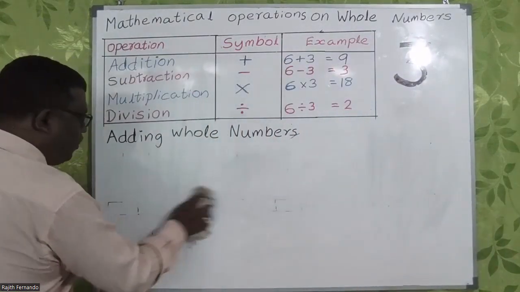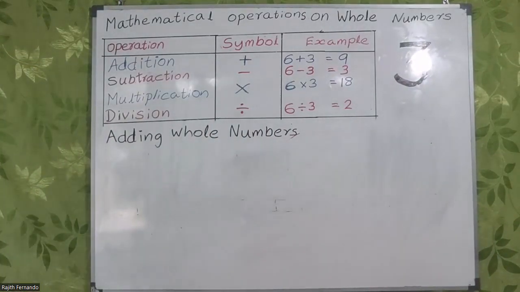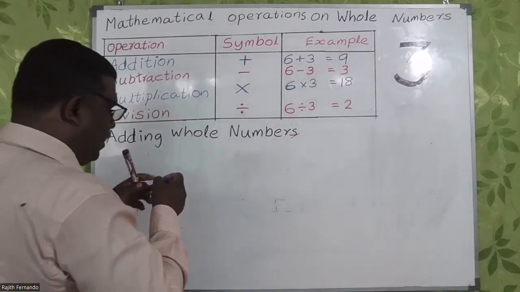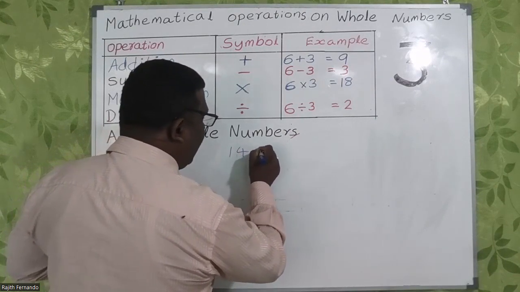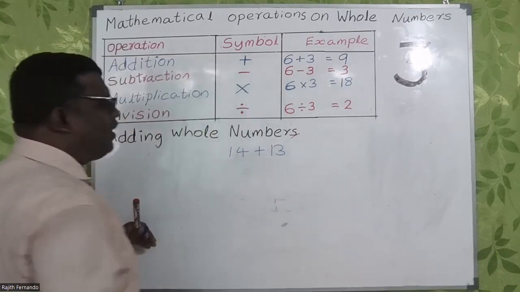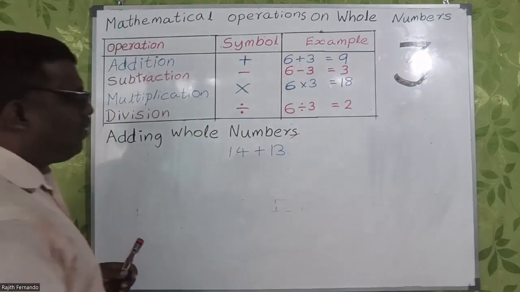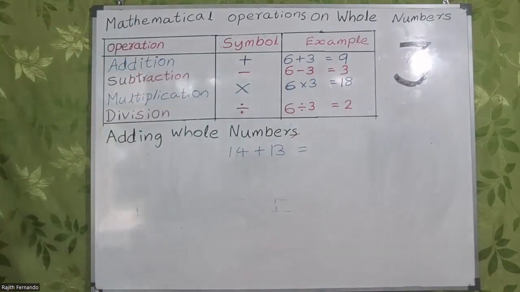That is, you know the value of place. If I ask you to add these two numbers again, 14 and 13, you have to get the answer.